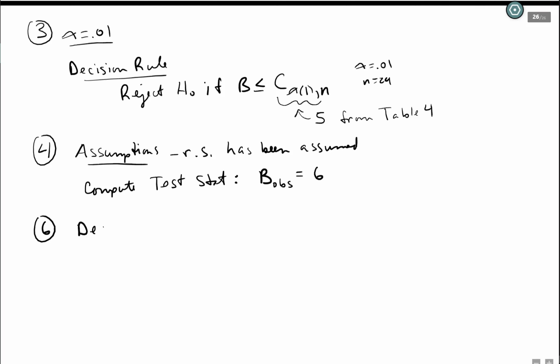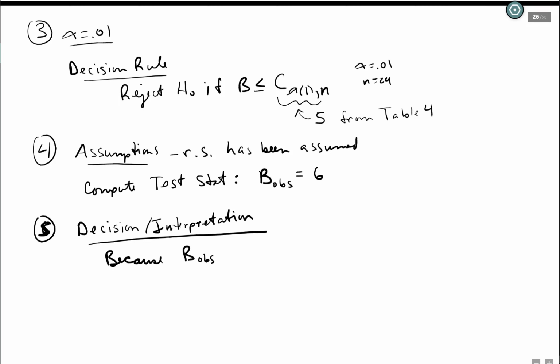So here we are in step 5. Our decision and interpretation is, because B observed exceeds this C value, this percentile from the binomial distribution, we fail to reject H naught.